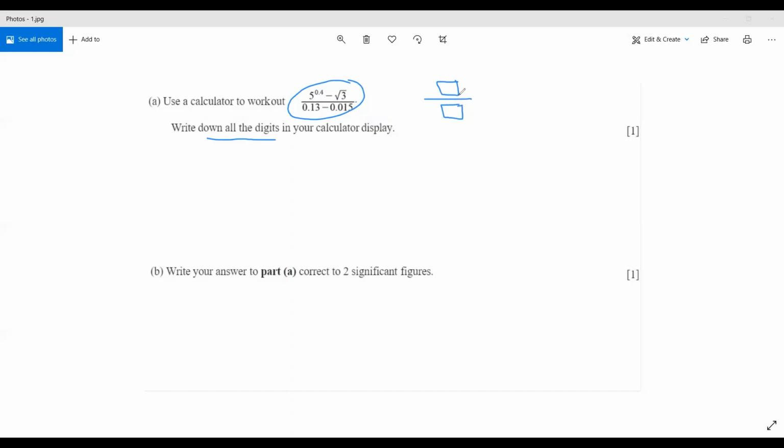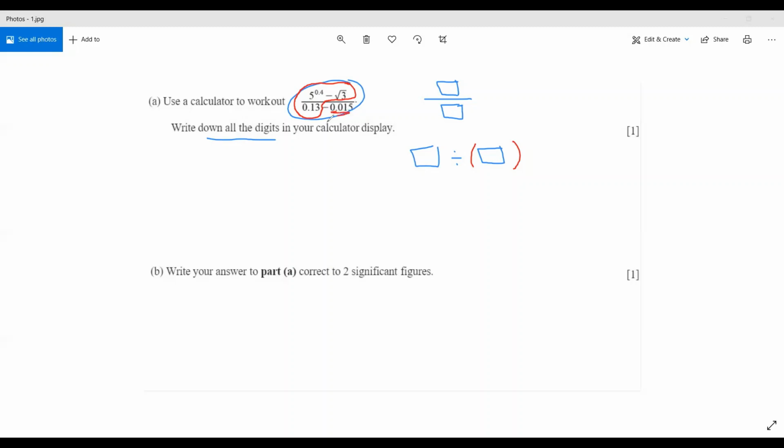However, some calculators do not have that, which means you have to key in the numerator, then the division button, and then continue with the denominator. In that case, just make sure you put the whole denominator in a bracket to separate it, because if you don't, the calculator is going to divide the whole numerator only by 0.13 and then subtract this value.